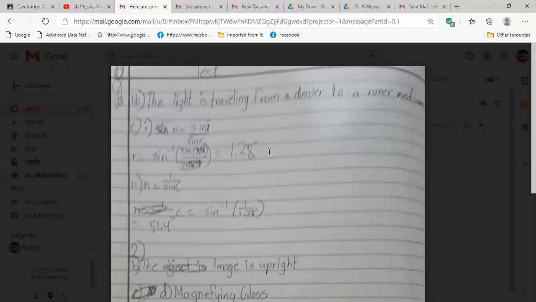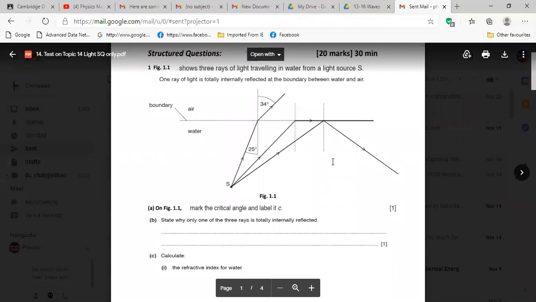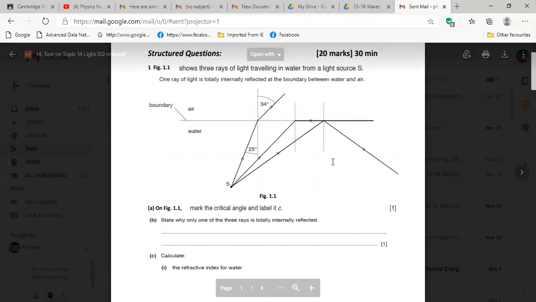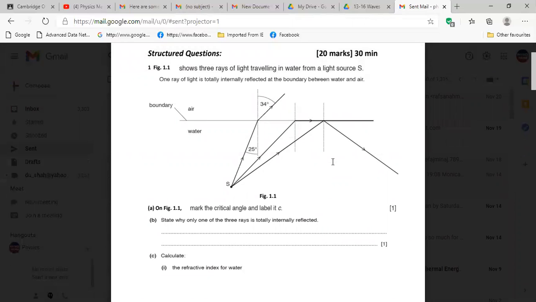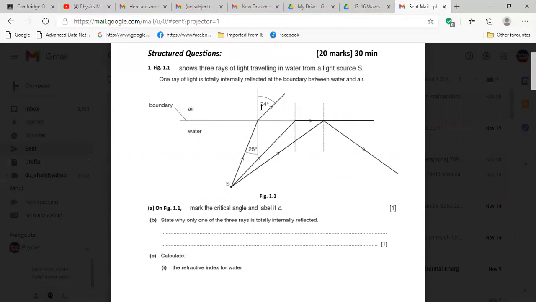Sir, can I see the question again? Sine r by sine i. So sine r is sine 34 degrees, and sine i is sine 25 degrees, right?